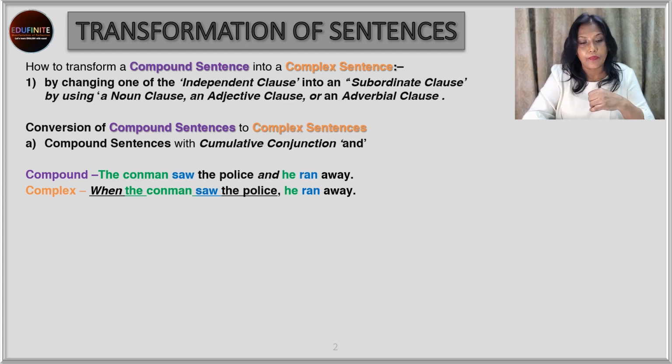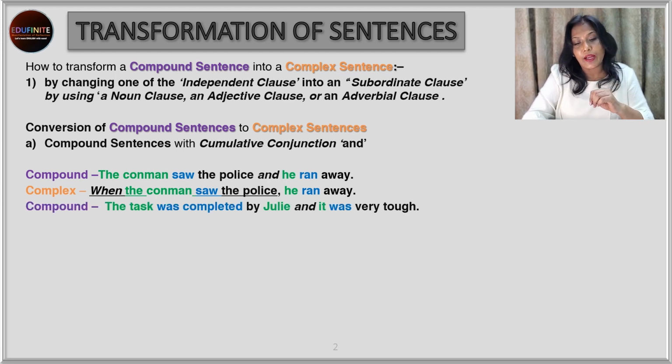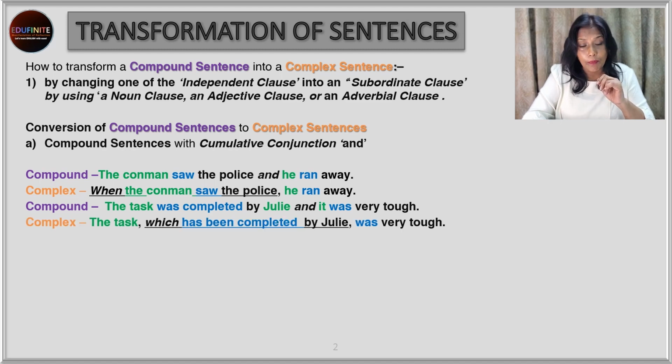Now the next one. The task was completed by Julie and it was very tough. So you can see we have two independent clauses. Now to turn them into a complex sentence, we write, the task which has been completed by Julie was very tough. Now note here, which has been completed by Julie is the subordinate clause.